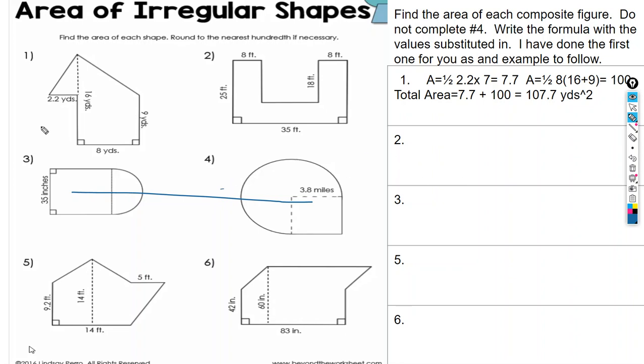So anyway, number one, the big question was, where did the 7 come from? That was a lot of the questions I got today. I need a height, right? This is the height for this triangle here, whether it be this small triangle or a larger triangle like this. They don't give me that measurement exactly.